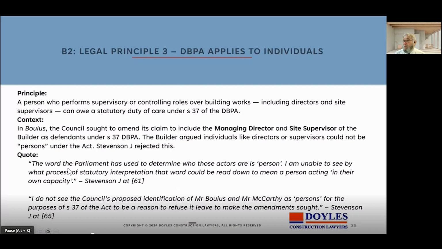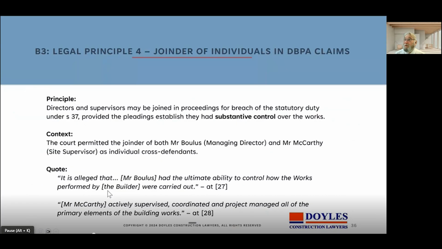Stevenson said the word the Parliament has used to determine who are actors is person. He couldn't see by what process of statutory interpretation that word could be read down to mean a person acting in their own capacity. So he was pretty straightforward and clear cut on saying the Act says that persons are liable, and if you're a person, then you're liable.